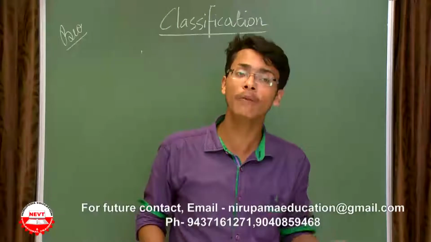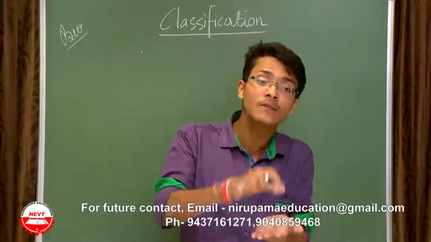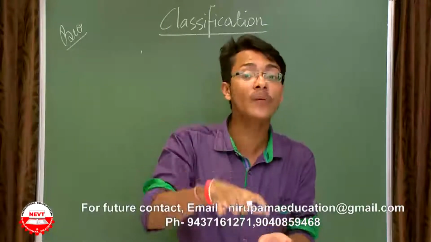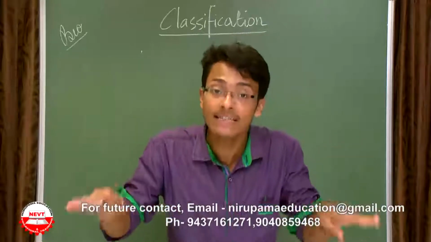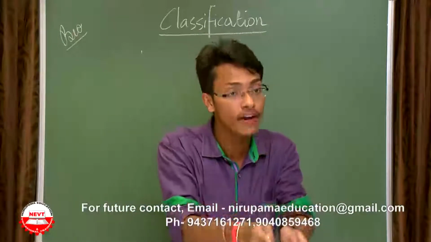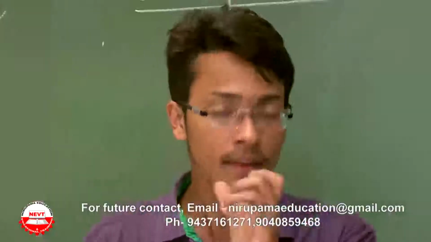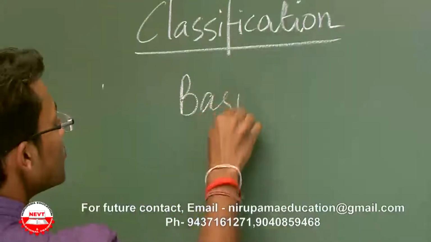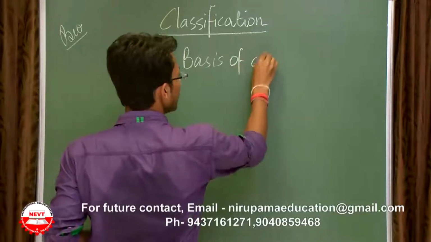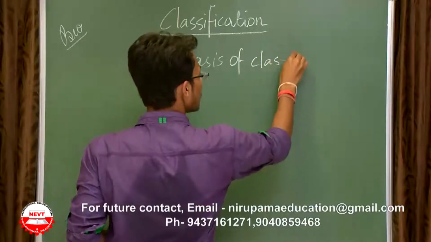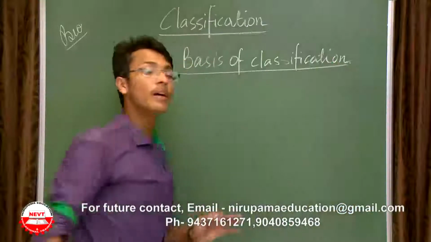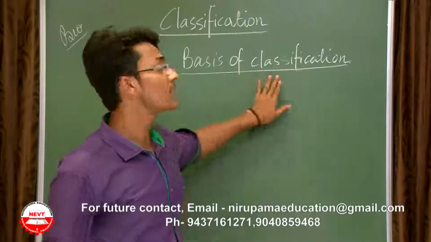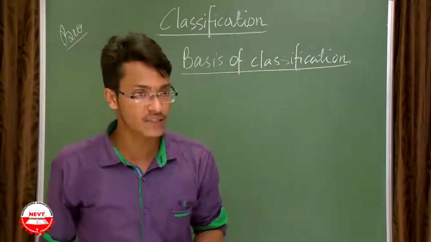As you have heard in our previous classes, there must be some basis, there must be some basic reason on the virtue of which classification is done. Now we have come across another term, that is basis of classification.